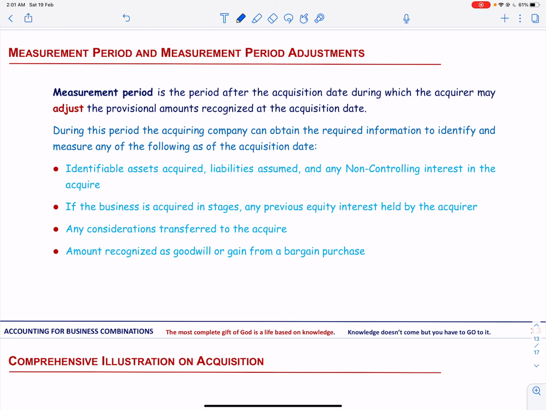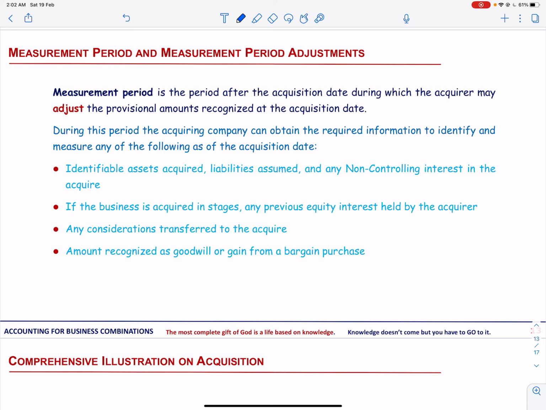If the business is acquired in stages, any previously held equity interest held by the acquirer, any considerations transferred to the acquiree, amount recognized as goodwill or gain from a bargain purchase. The increase or decrease in the provisional amounts are adjusted by increasing or decreasing the amount of goodwill. Once the measurement period is over, the acquirer can revise only to correct an error.